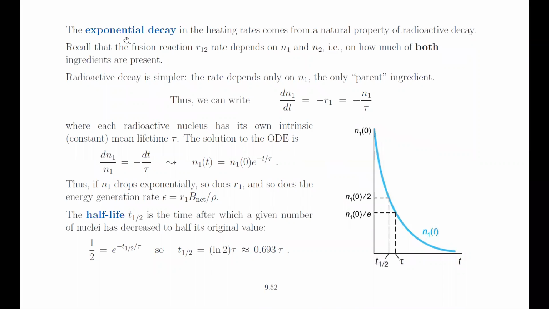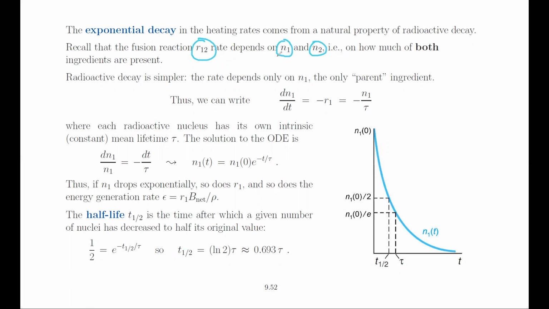We've been looking at these things, and we've been looking at this exponential decay in these heating rates, and it's worthwhile going through the math a little bit more of those. If you remember, we talked about fusion reactions, right? We talked about this reaction rate, and that depended on the product of the N1 and the N2, right? Because we had two different species plowing into each other and creating a new product.